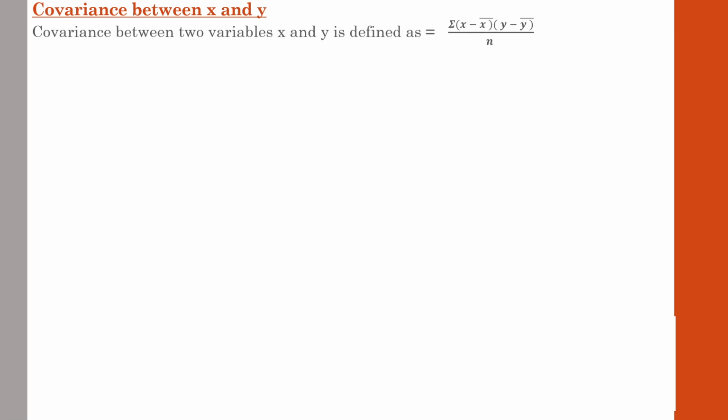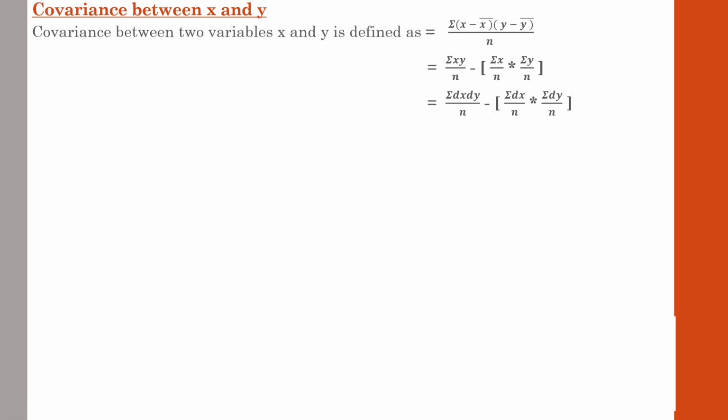The same equation can be simplified as sigma xy by n minus sigma x by n into sigma y by n, or the same can be again written as sigma dx dy by n minus sigma dx by n into sigma dy by n.